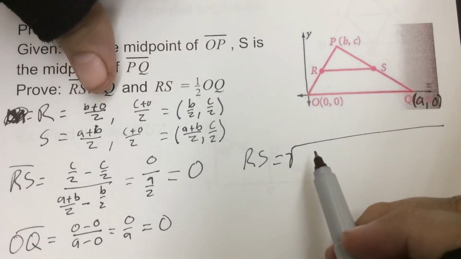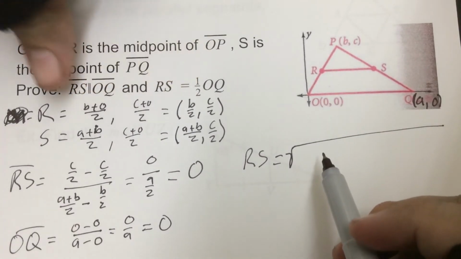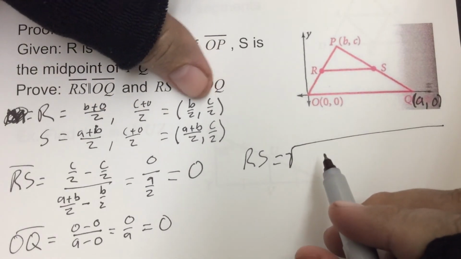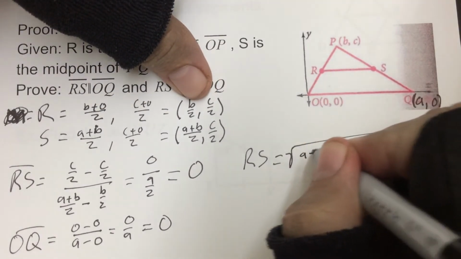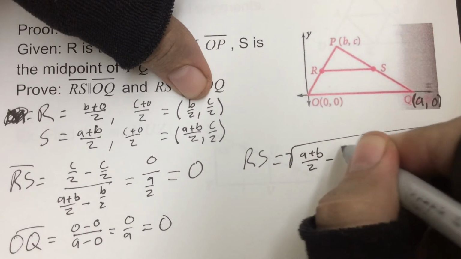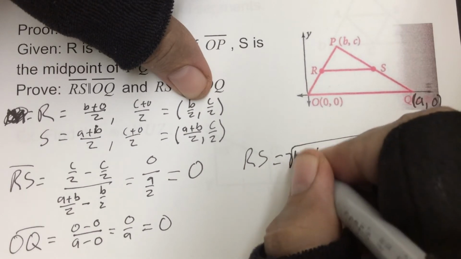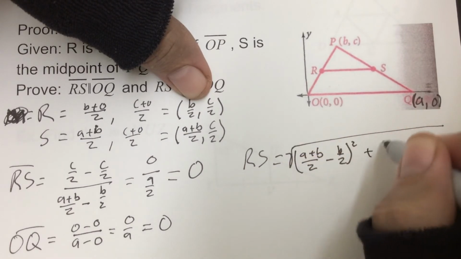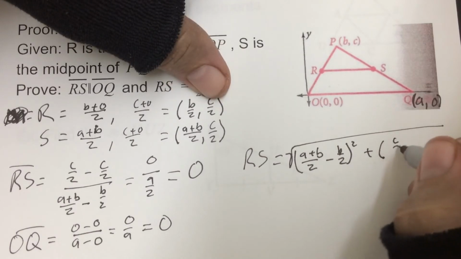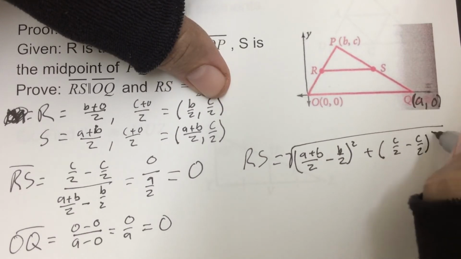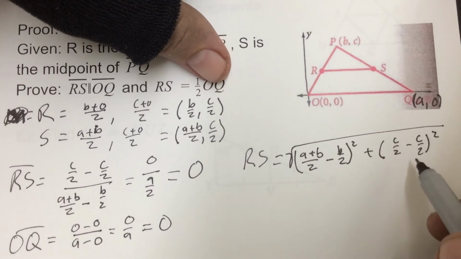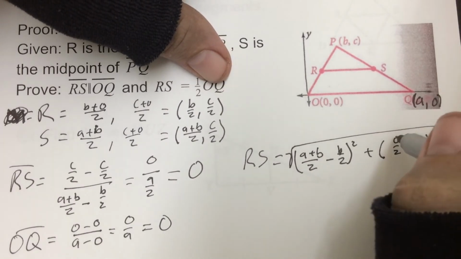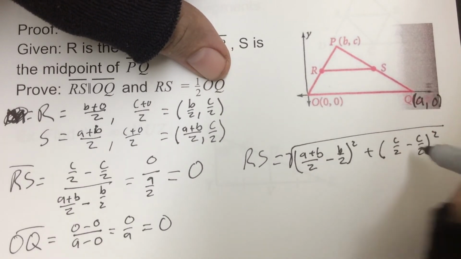So distance of RS. Distance is the x's subtracted. So A plus B over 2 minus B over 2, and then they're squared, plus the y's. Well, C over 2 minus C over 2 squared. C over 2 minus C over 2 is 0, so 0 squared is still 0, and if we add 0, it's all nothing.